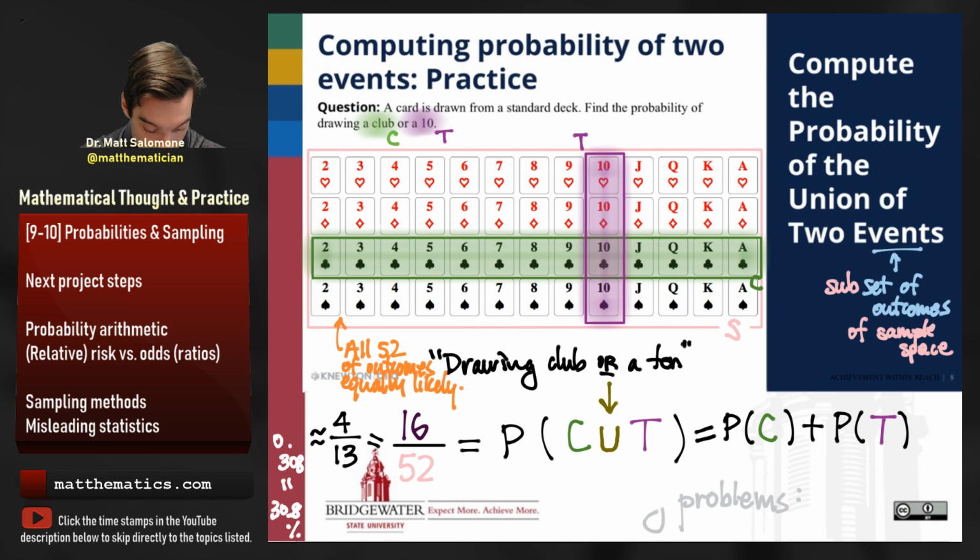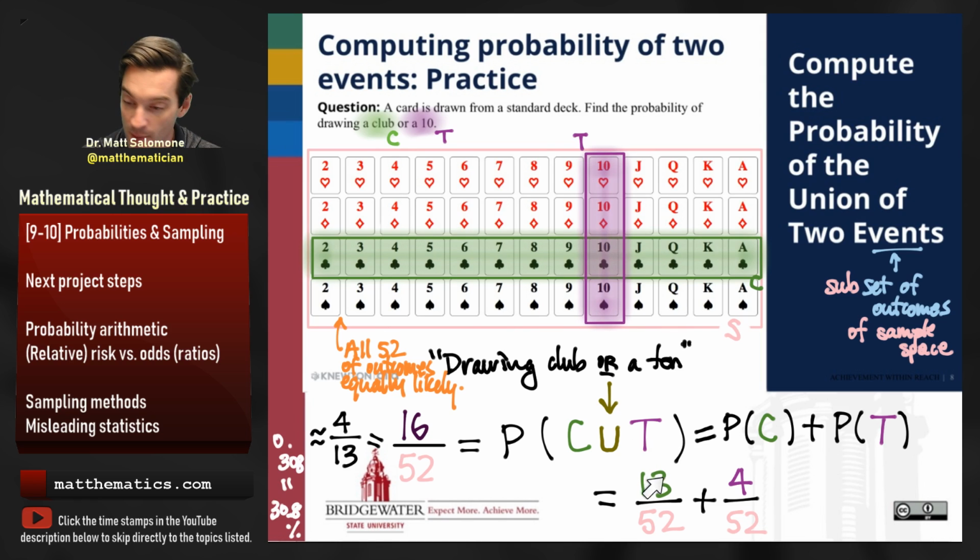But if I were just to do that, I would end up with the following sum. I would end up with two probabilities whose denominators are both 52 and whose numerators are, respectively, the number of cards in the set C, so that's the 13 cards that are clubs, added to the number of cards that are tens, which is 4.